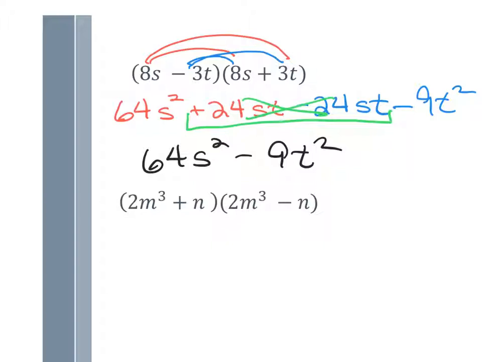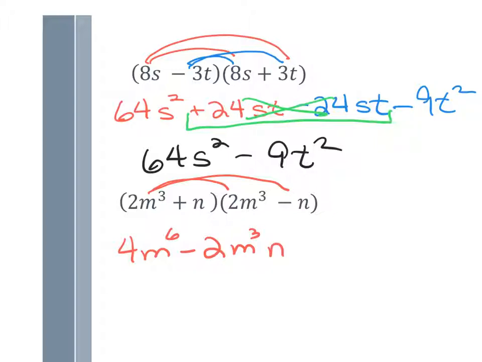All right, the next one, again, difference of 2 squares is going to be my final answer, but we'll go ahead and distribute here, or FOIL. So again, we would take the 2m to the 3rd power, multiply it to the 2m to the 3rd power. 2 times 2 is 4. Add the exponents, 3 plus 3 is 6. Then the 2m to the 3rd will now get also multiplied to the negative n. So negative 2m to the 3rd n.